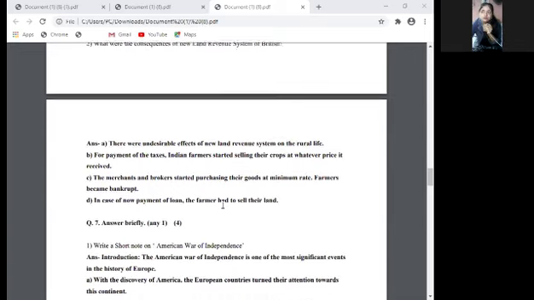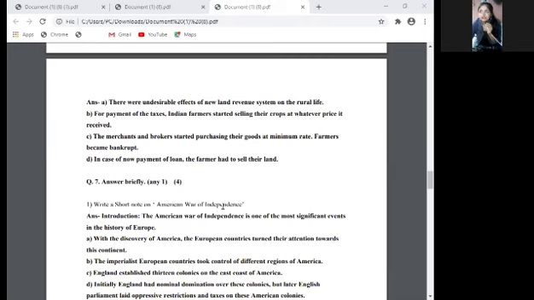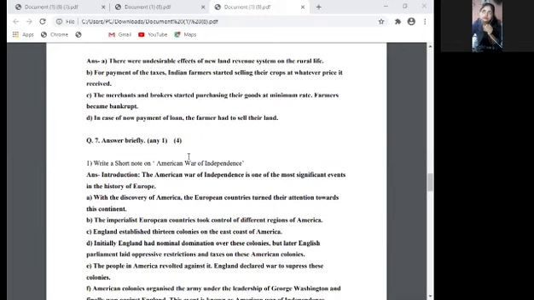The merchants and brokers started purchasing their goods at minimum rate. Farmers became bankrupt. In case of non-payment of loan, the farmer had to sell their land. Yes, you have to write 4 or at least 3 possible consequences in a particular answer.